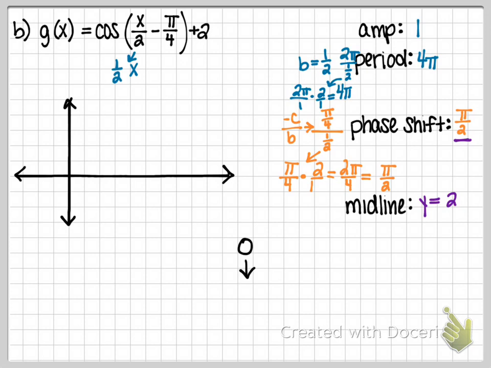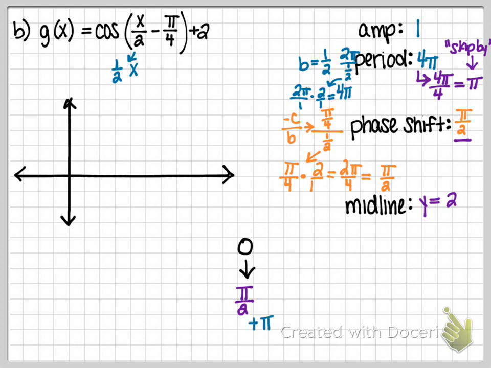So I'm going to start at pi over 2. Now I need to find out what I'm going to skip by. I'm going to take 4 pi, and I always divide the period by 4. So 4 pi divided by 4 gives me pi. That is what I'm going to add every time to get my next tick mark. So I want to add pi each time.